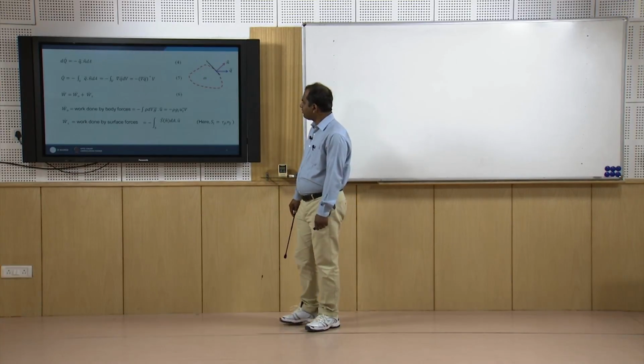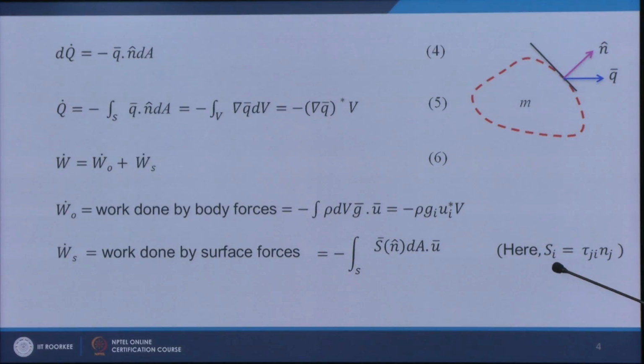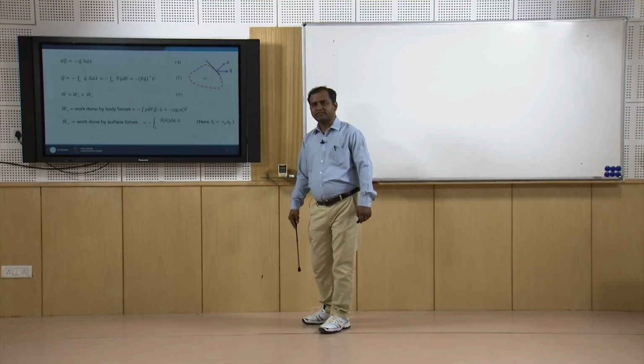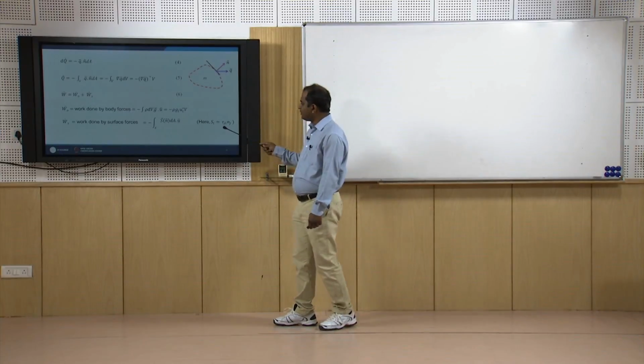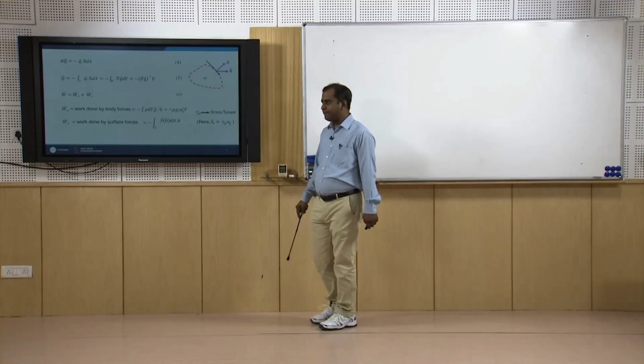Let us see what Si is, the component of this surface stress vector. Si can be written as tau Ji into Nj. Here j is the dummy index running from 1 to 3, or let us say the x, y and z coordinates. So, Si equals tau Ji into Nj, where tau Ji is the stress tensor.